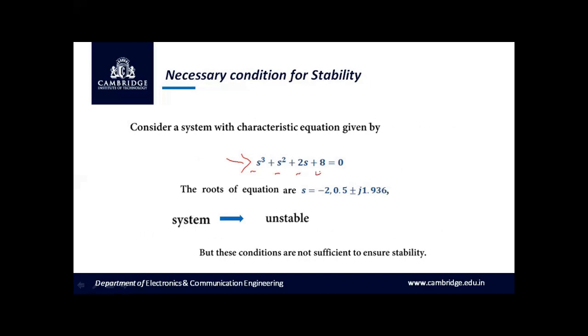But if you look into the roots of this equation, we have two roots in the right half of the S-plane, which is making the system unstable. Hence, we can introduce another statement that these are not a sufficient condition to ensure stability. This can be a necessary condition, but not a sufficient condition to ensure stability.